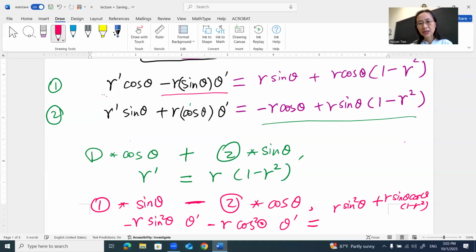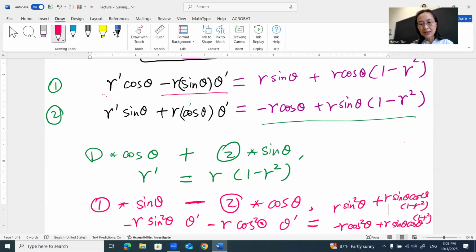And the second equation times cosine, which is r cosine square theta plus r sine theta cosine theta times cosine, and then 1 minus r squared times, there's a 1 minus r squared.